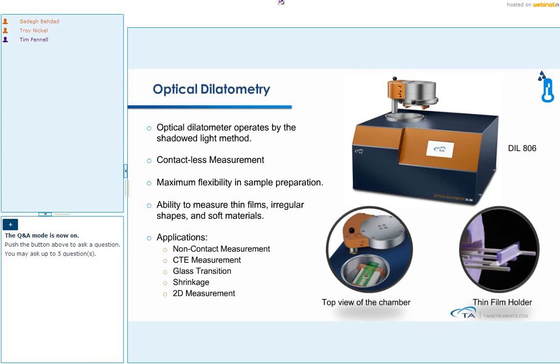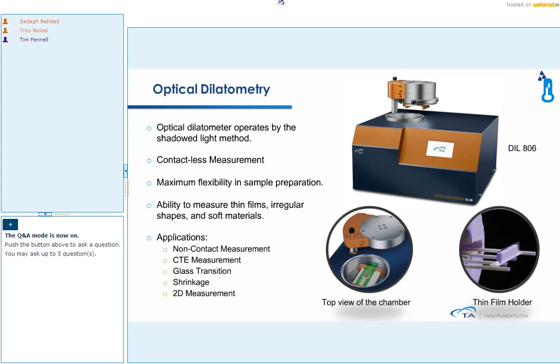You can see in the top view of the chamber in the middle that those green beams are representative of the light that is applied to your sample, and then you're looking with a CCD at the shadow that your sample creates with the increase in temperature.